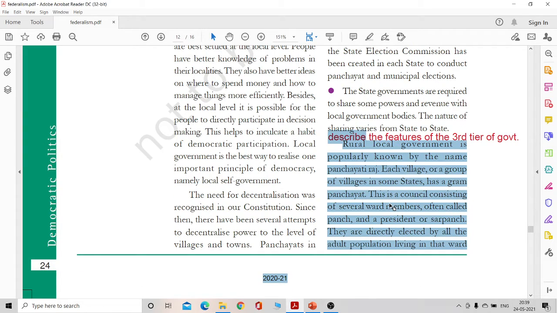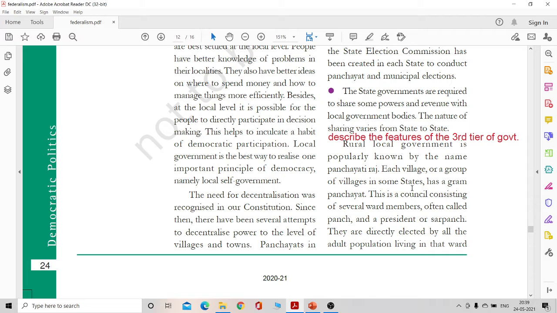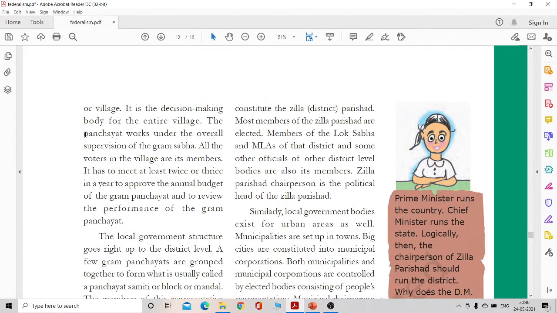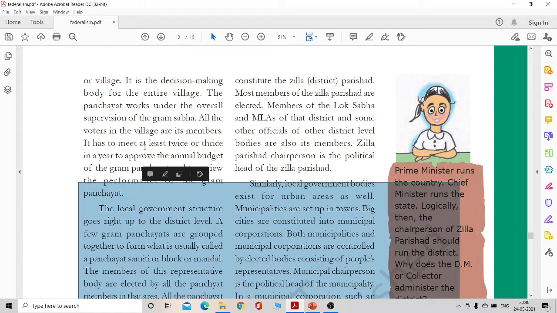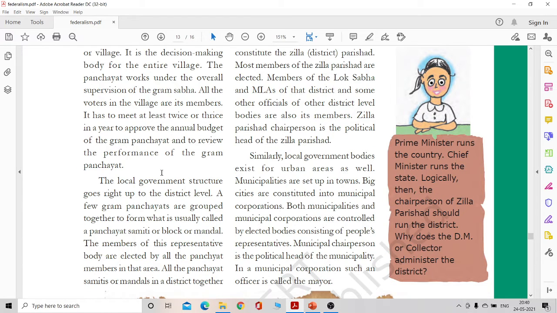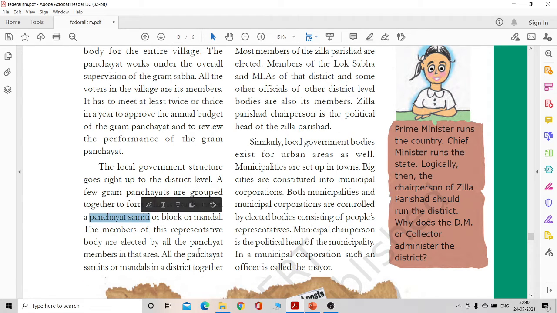Now here you have to give a sort of a flow chart of your answer. Carefully, each village or each group has a gram panchayat, then gram panchayats together form the gram sabha, and then you have many gram sabhas which go up to the district level, which is also known as the block or mandal, known as the panchayat samiti as well, and so forth, right?